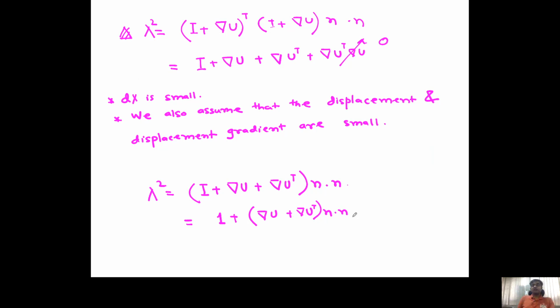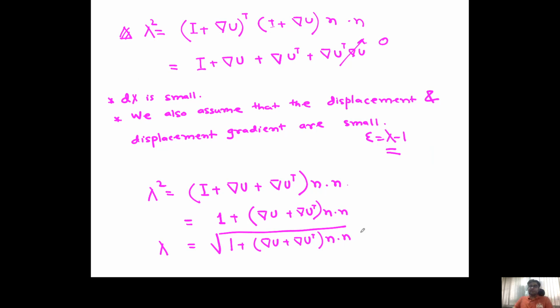Now, we are talking about lambda square. But for computing strain, it is lambda minus 1. So I need to compute lambda. So we take square root of both sides. So lambda is square root of 1 plus gradient of u plus gradient of u transpose n dot n.